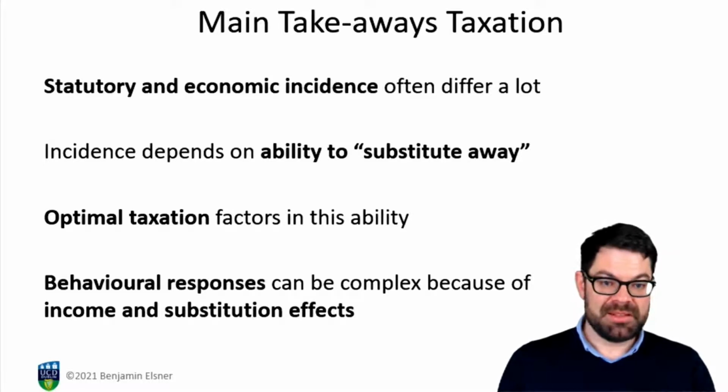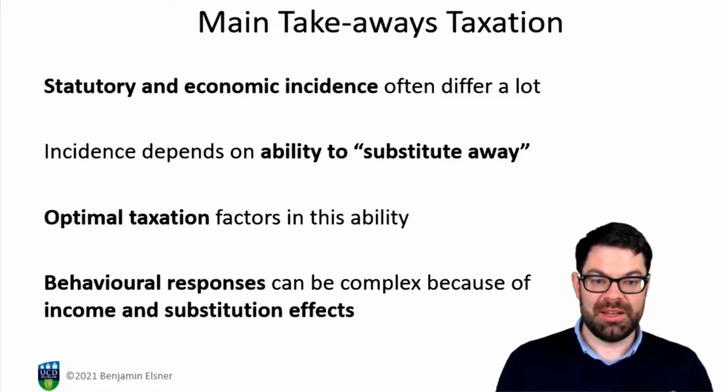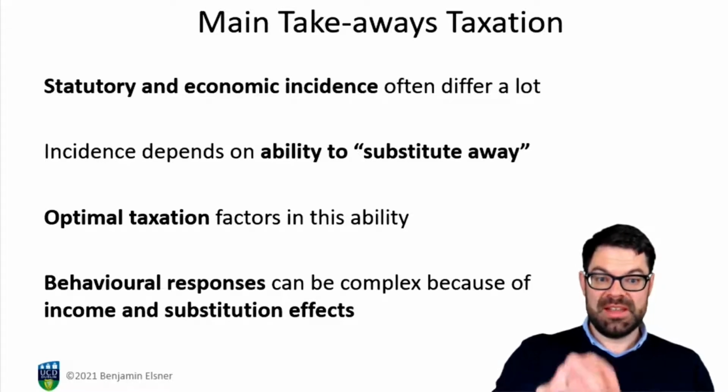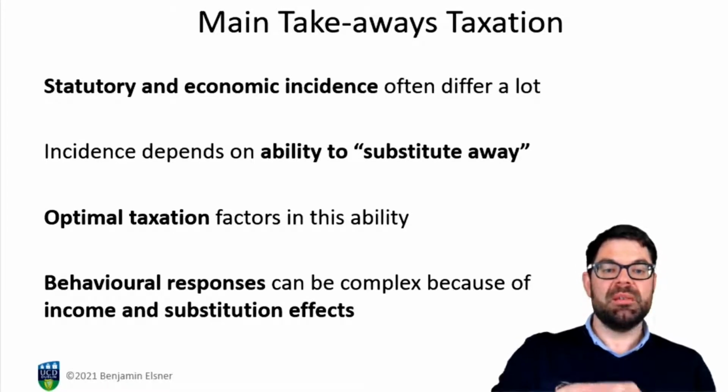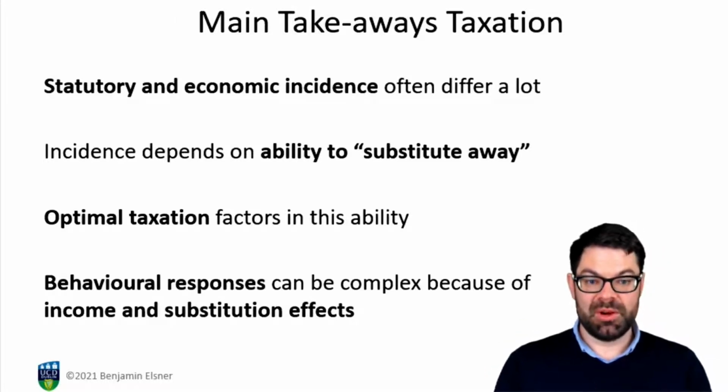So I gave the example of workers. If workers have a very low labor supply elasticity, so it's very hard for them to move to a different job, then obviously if income gets taxed, if there's a payroll tax, for example, firms, even if it's levied with firms, can pass this tax on very much to their workers in terms of lower net wages.